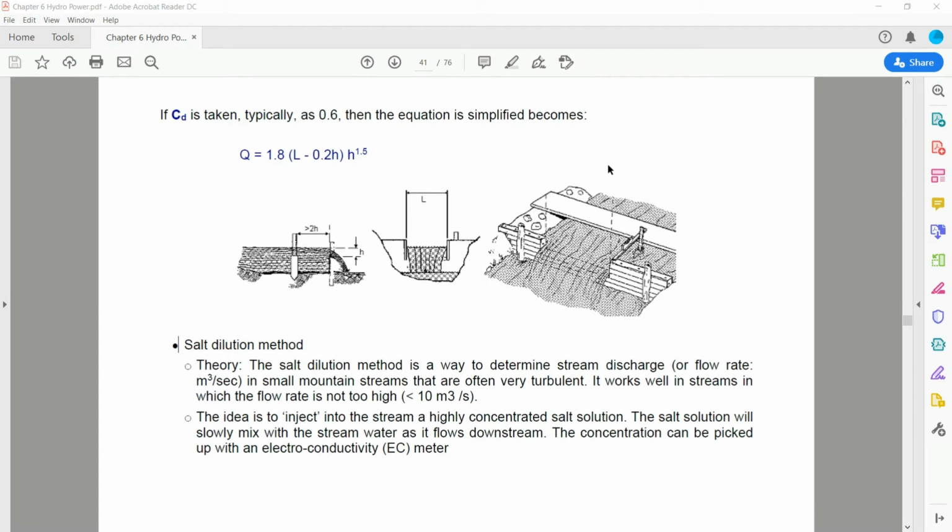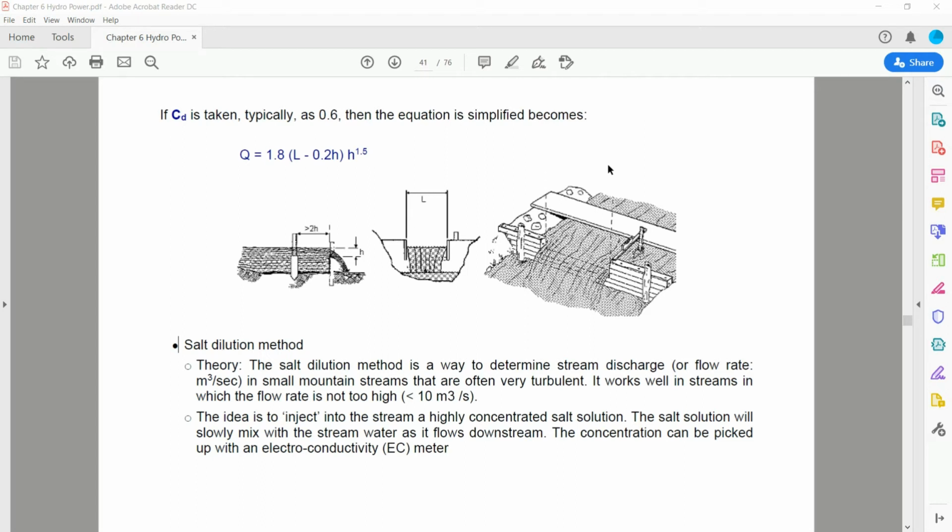So another method to measure the flow rate is by using salt. We call it the salt dilution method. In theory, the salt dilution method is a way to determine stream discharge or flow rate in cubic meter per second in small mountain streams that are often very turbulent.